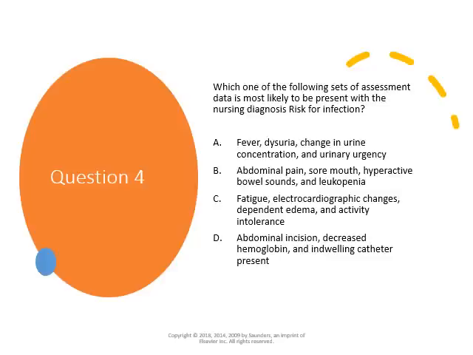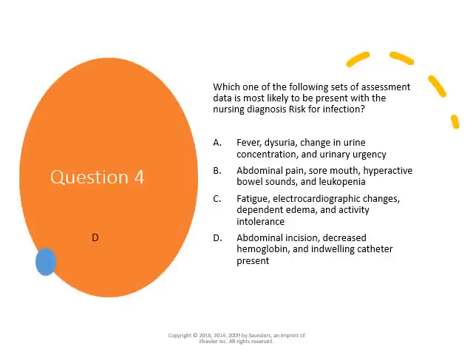Is it C, fatigue, electrocardiographic changes, dependent edema, and activity intolerance? Or is it D, abdominal incision, decreased hemoglobin, and indwelling catheter is present? So again, which one below will identify that the patient is at risk for having an infection?